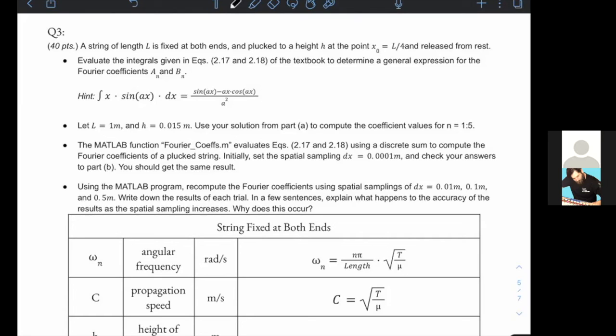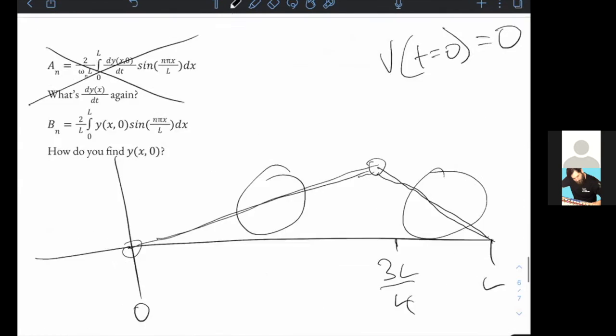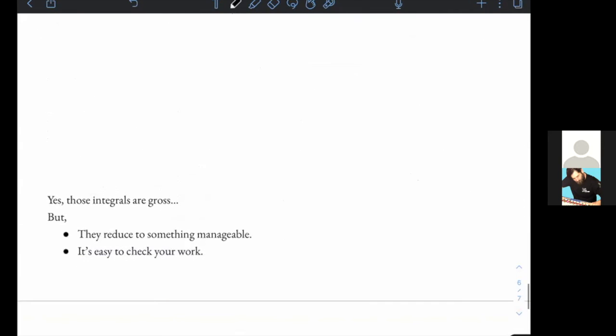Check your answers to part B. You should get the same results. So if you're unsure whether you got where you needed to with the integral, run this MATLAB function and check them. I mean, you have to do that anyways, but hopefully those two points make that super ugly integral a little bit easier to swallow.